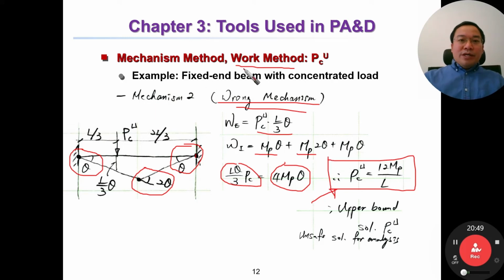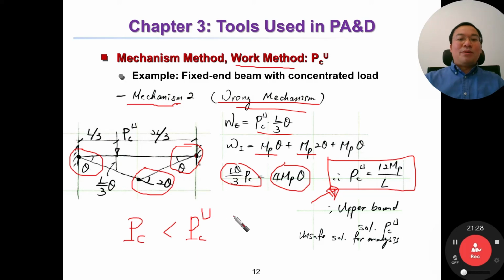If we use the work method and assume the correct mechanism, not this one but the previous one, then we have the correct solution, PC. But if we use the wrong mechanism like this, then the solution should be greater than the correct solution. That is why we call it the upper bound solution.